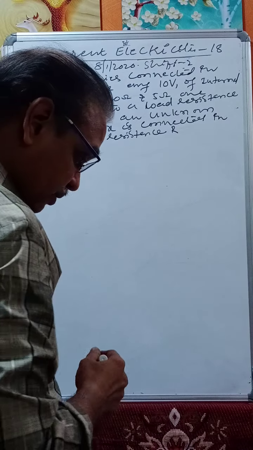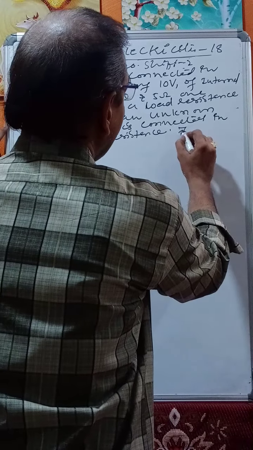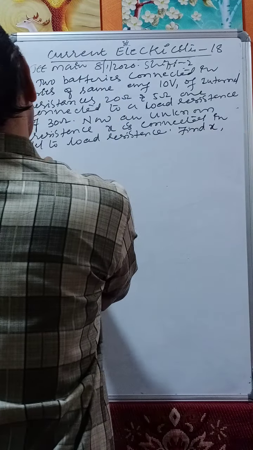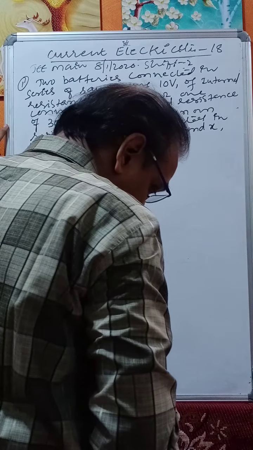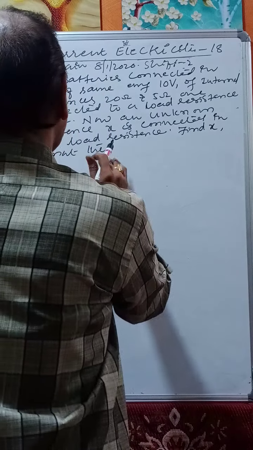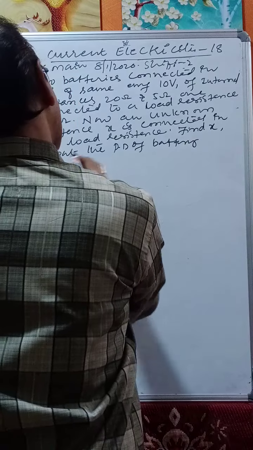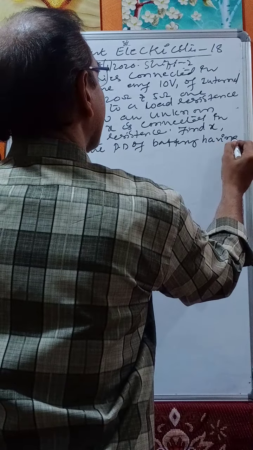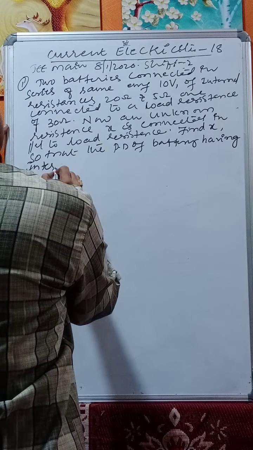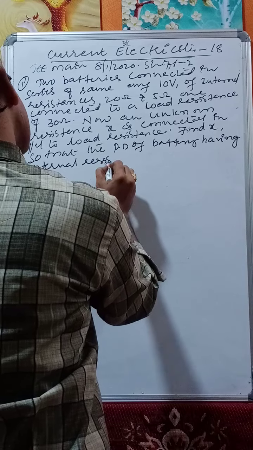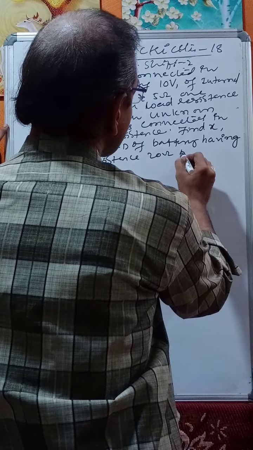Now find X so that the potential drop of the battery having internal resistance 20 ohms becomes 0.